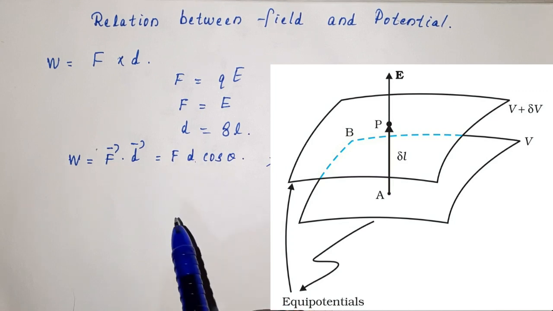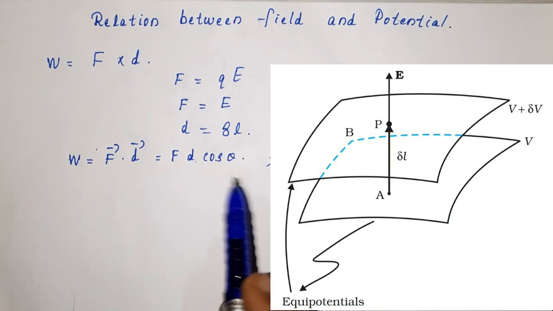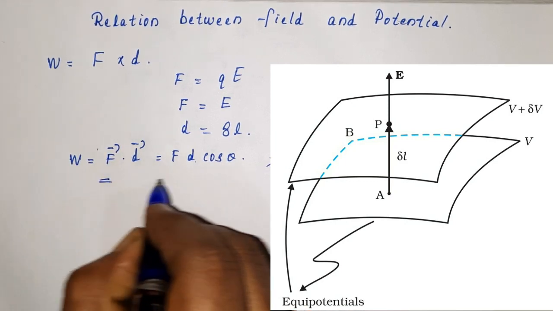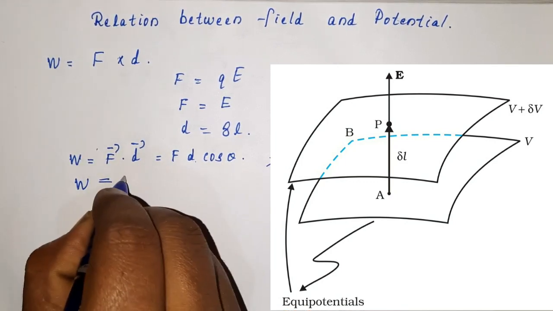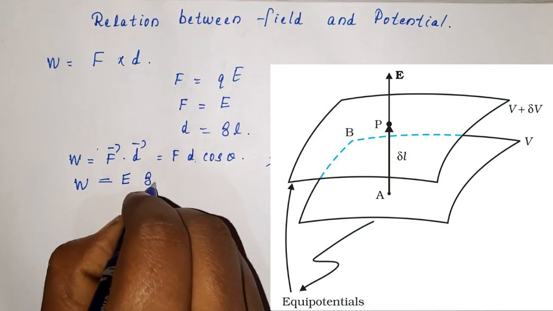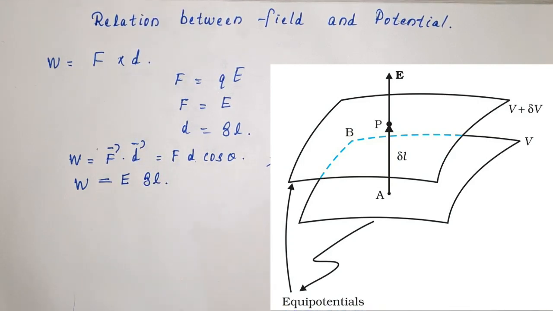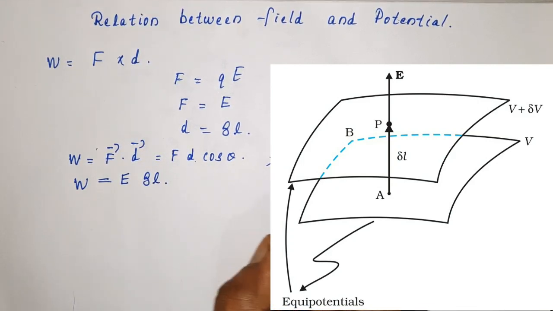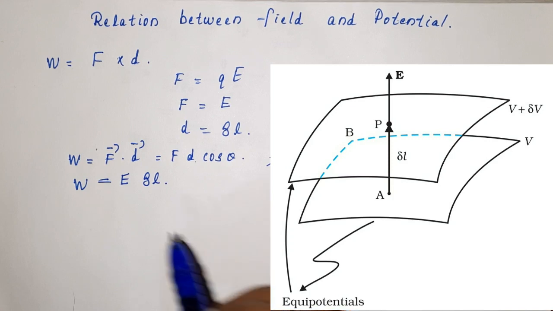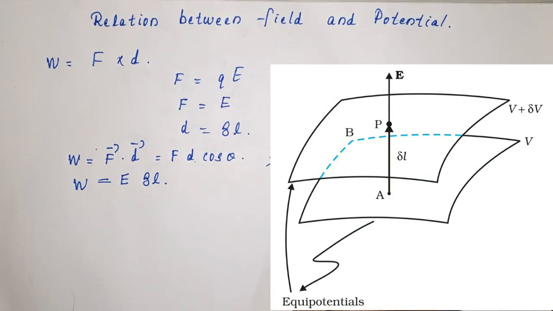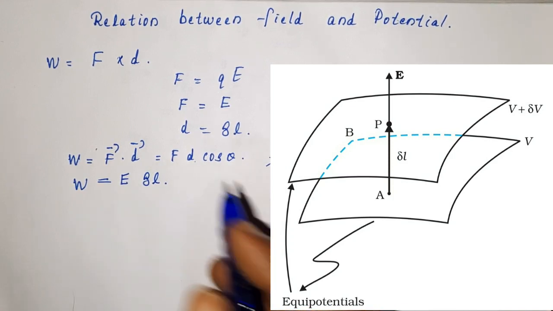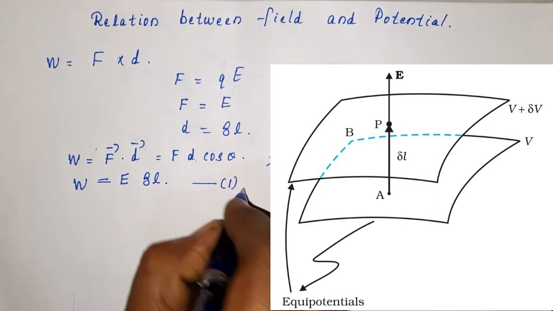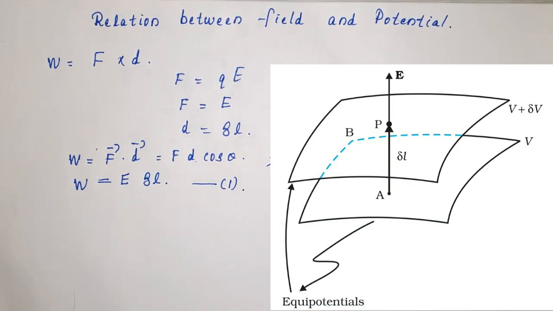So we will have the work done as E into delta L, because both force and displacement are in the same direction and theta is equal to 0. So work done is equal to E into delta L. We got one equation. Let's call it equation 1.